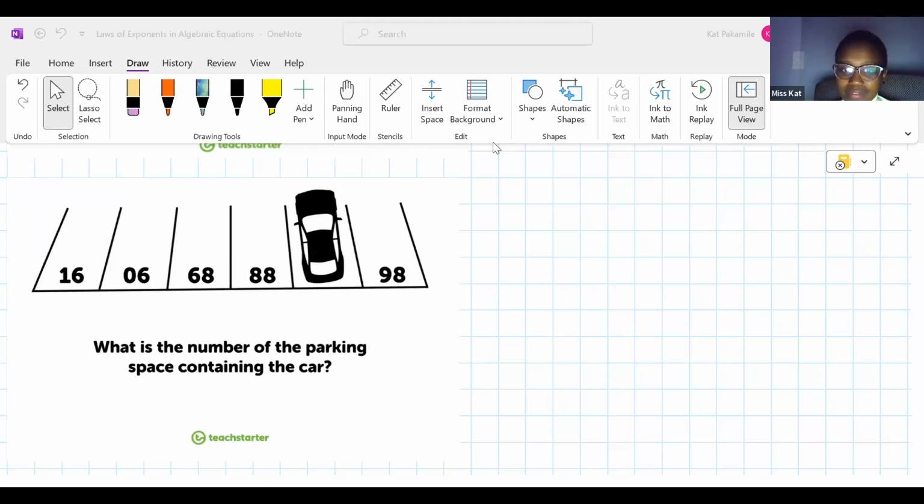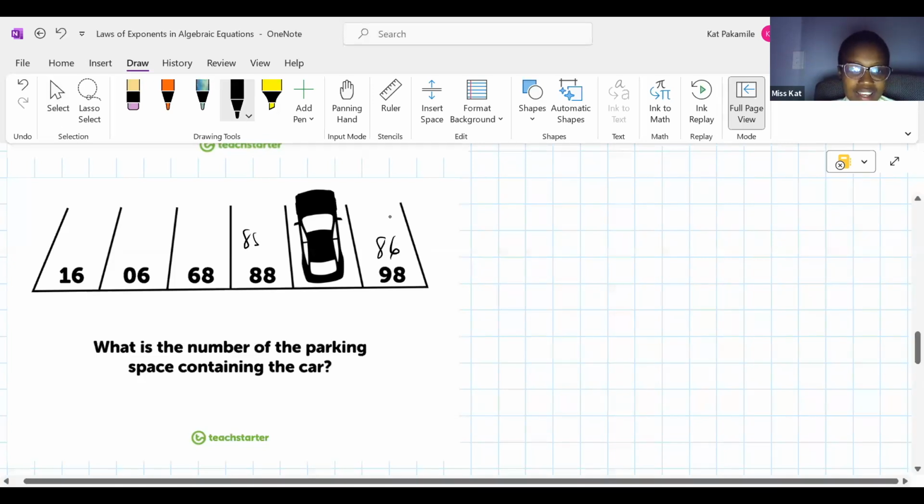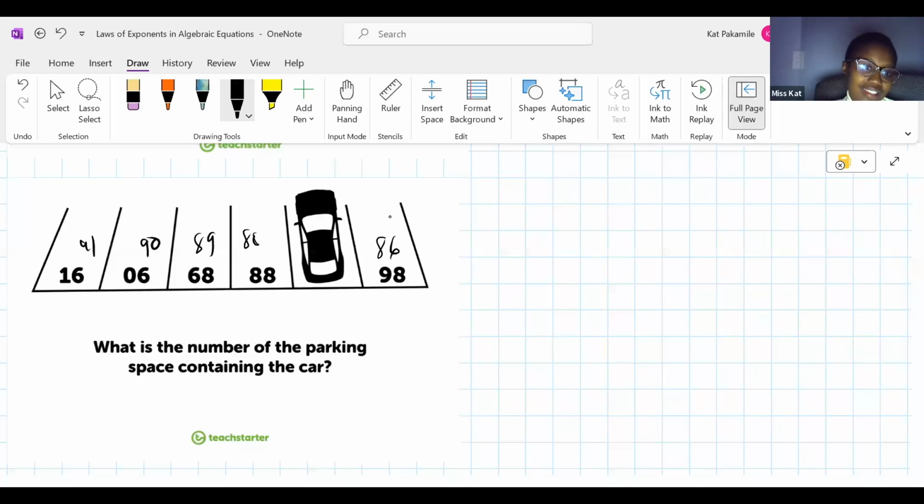Oh, sorry, ma'am. I said I flipped my phone. Beautiful. Upside down. So if you flip your phone, guys, this is 86, 88, 89, 90, and 91, which means this one will have to be 87. Nice.